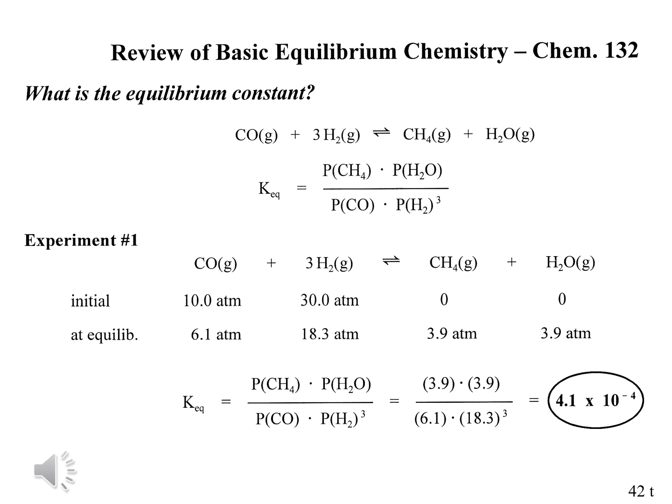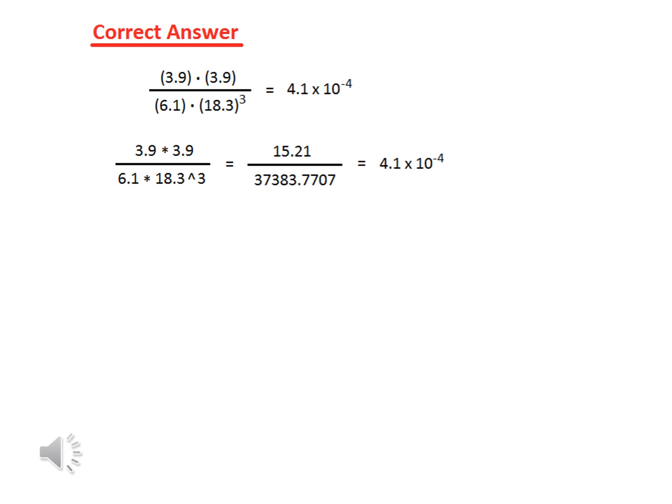Now, one problem with getting that correct answer, though, is calculator use is probably at least half of this class, to be able to know how to use a calculator correctly. It's very easy to get the wrong answer on a calculator if you don't enter it correctly. And this is one of the classic mistakes.